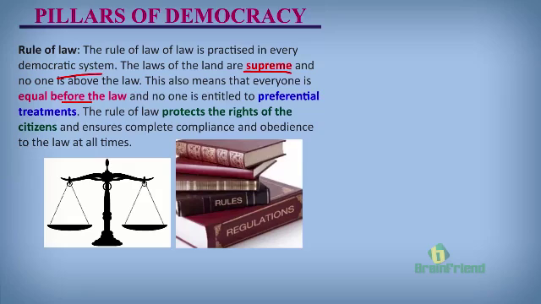Everyone is equal before the law, and nobody is entitled to preferential treatment, irrespective of status, age, tribe, irrespective of anything. Everyone is treated equally before the law. The rule of law protects the rights of citizens, and it also ensures that people obey and comply with the law at all times.